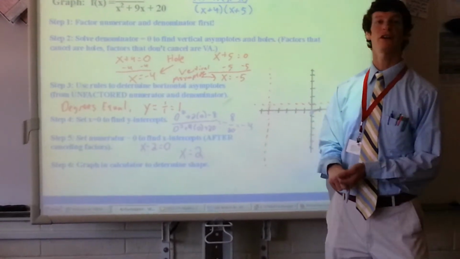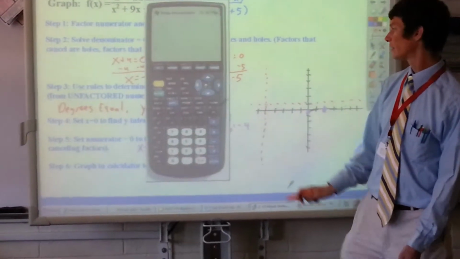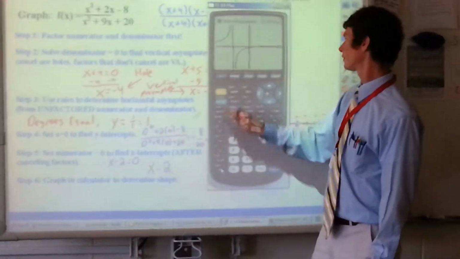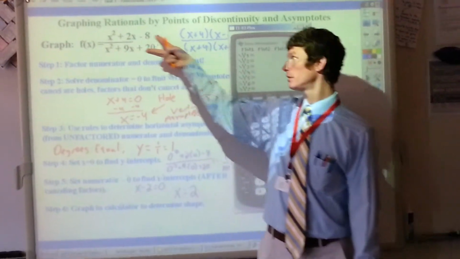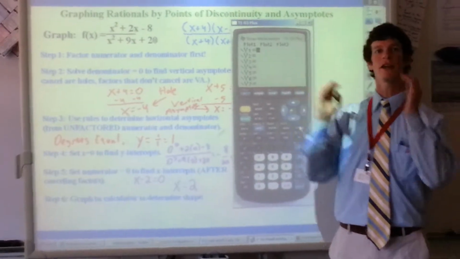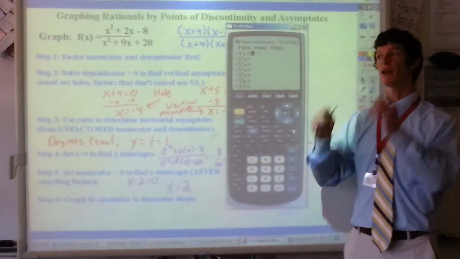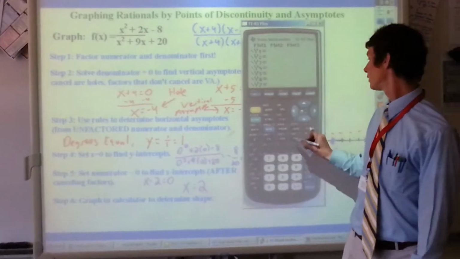Now we have to graph into our calculator to get our shape. So let's go to the calculator. A couple key things to remember here when we graph it. First, we're going to graph it from the original function. And second, we need to put the entire numerator and denominator in parentheses. Remember, the fraction bar is a grouping symbol. It's like putting the whole numerator in parentheses, the whole denominator in parentheses.